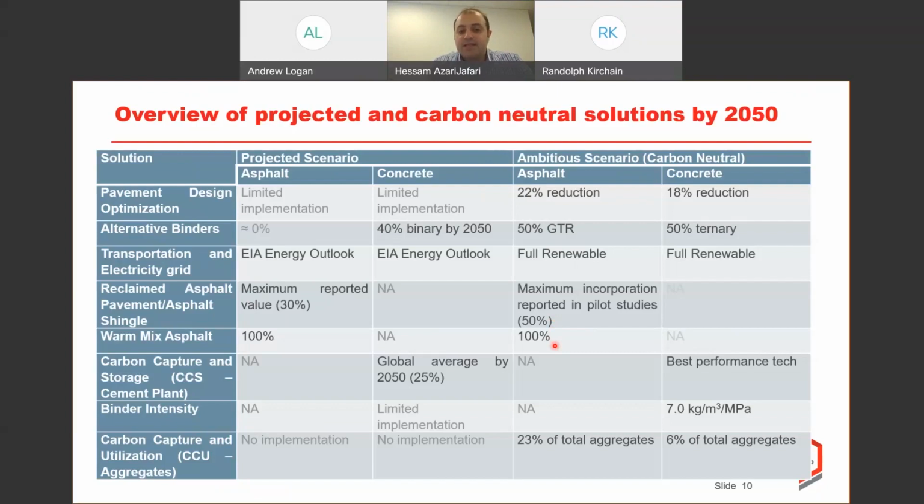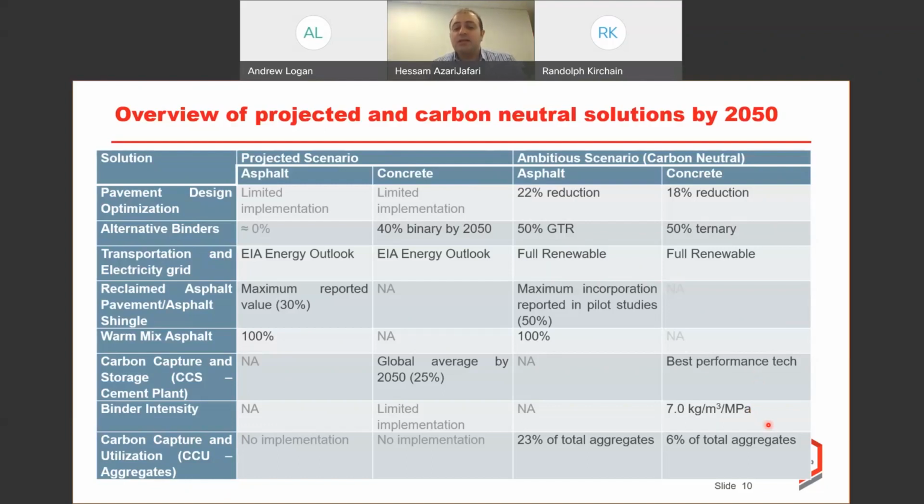And for the CCS in the kiln for concrete, we consider the global average achievement by 2050 for the US industry. But for the carbon neutral, the best performance, like the oxy-fuel technology, was assumed as the basis of the assumptions for the carbon neutral solution. For binder intensity, around 7 kilograms per cubic meter per megapascal can be achieved at this compressive strength level, the conventional compressive strength level for concrete mixtures.